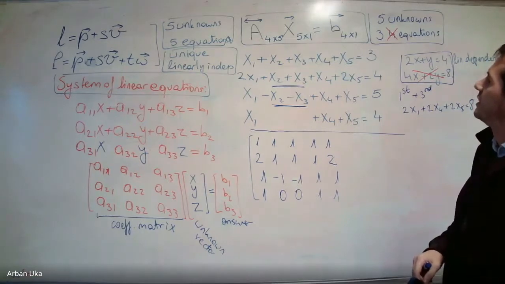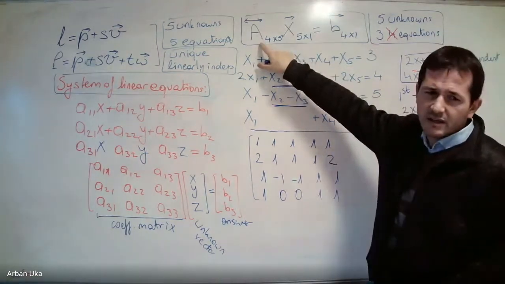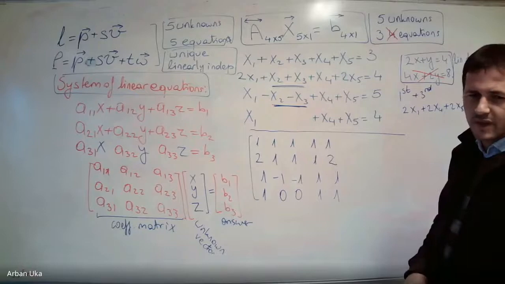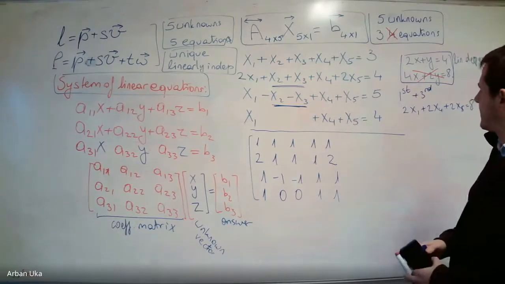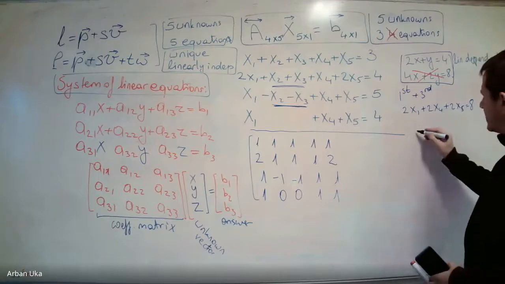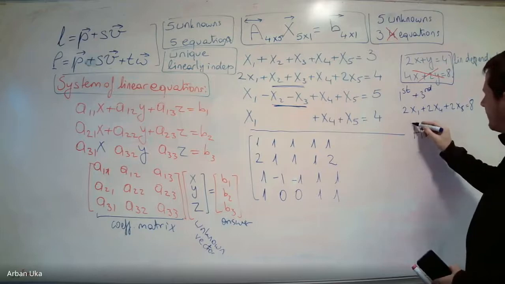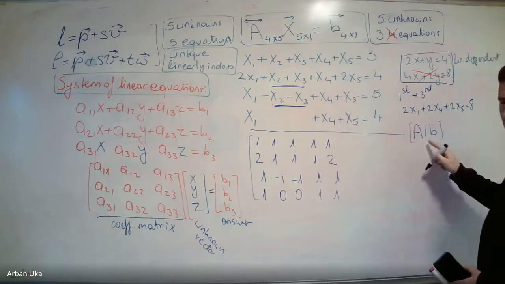How many rows does A have? 4. That's good. How many rows does B have? 4. Good. Now, since A and B have 4 rows each, we can merge them together. When we say merge, we can put them like this.